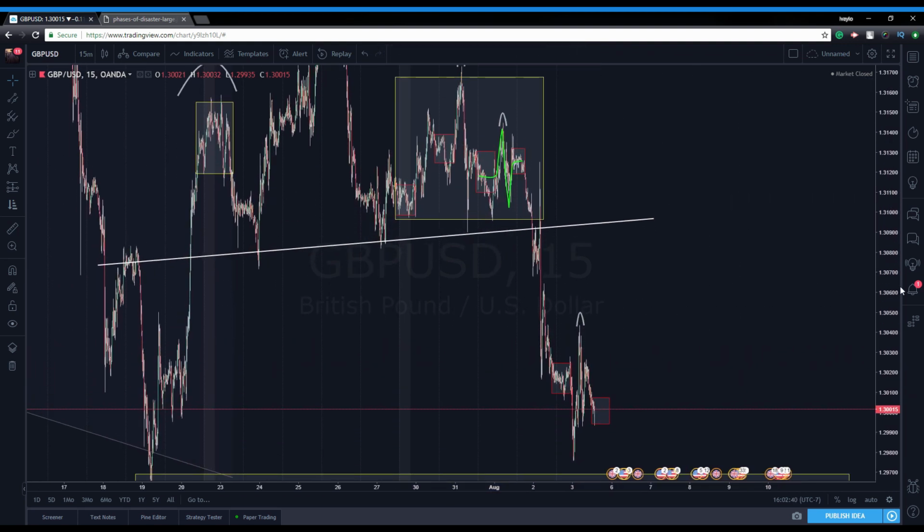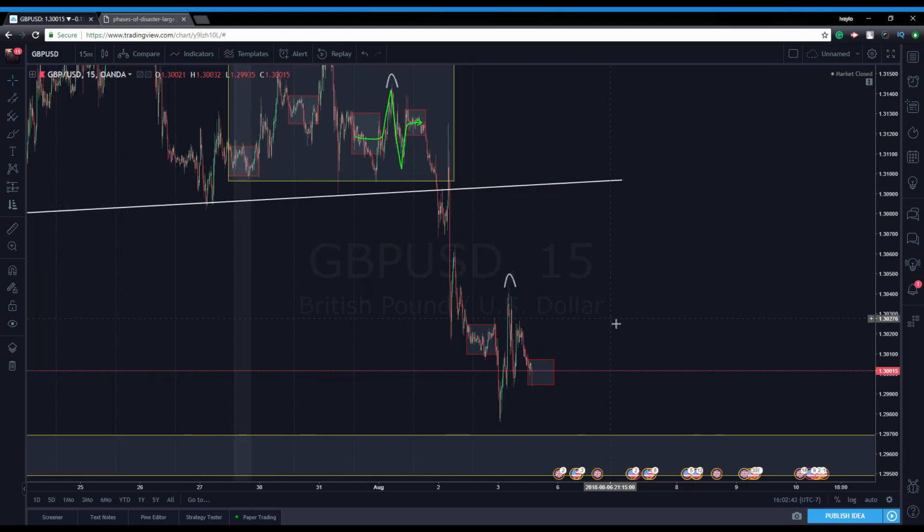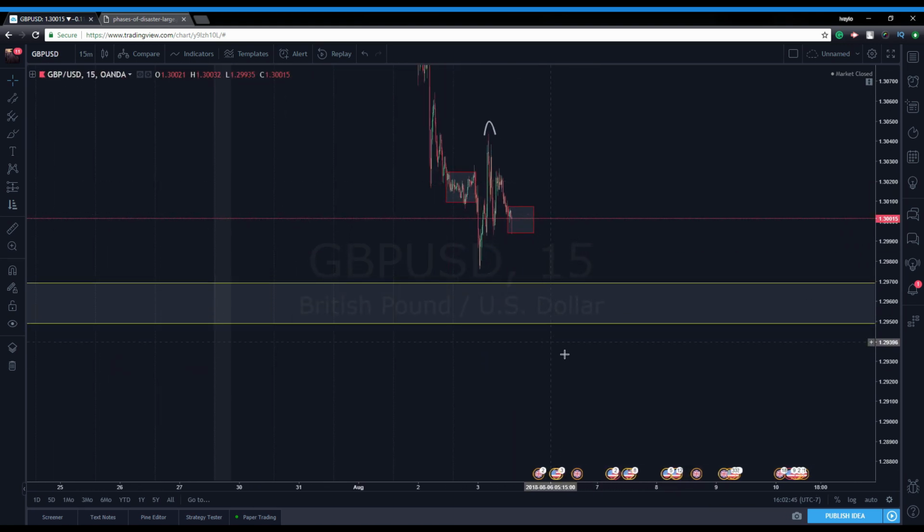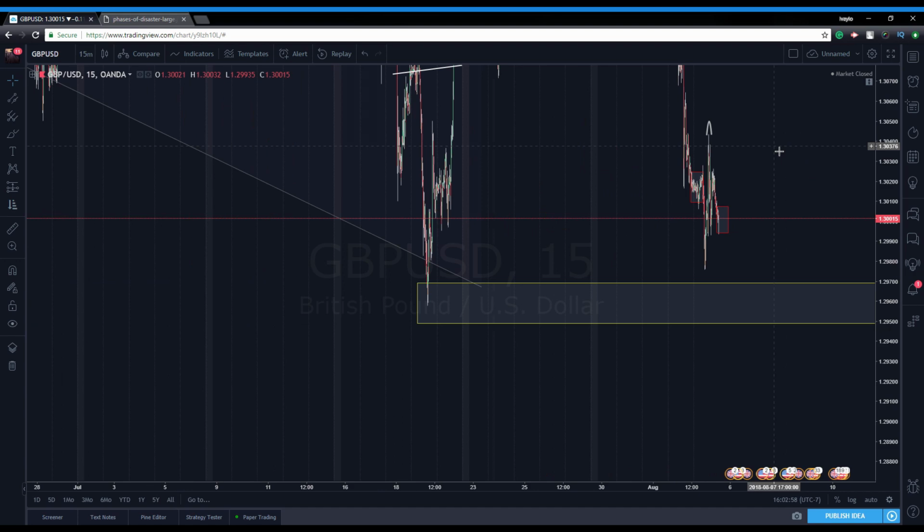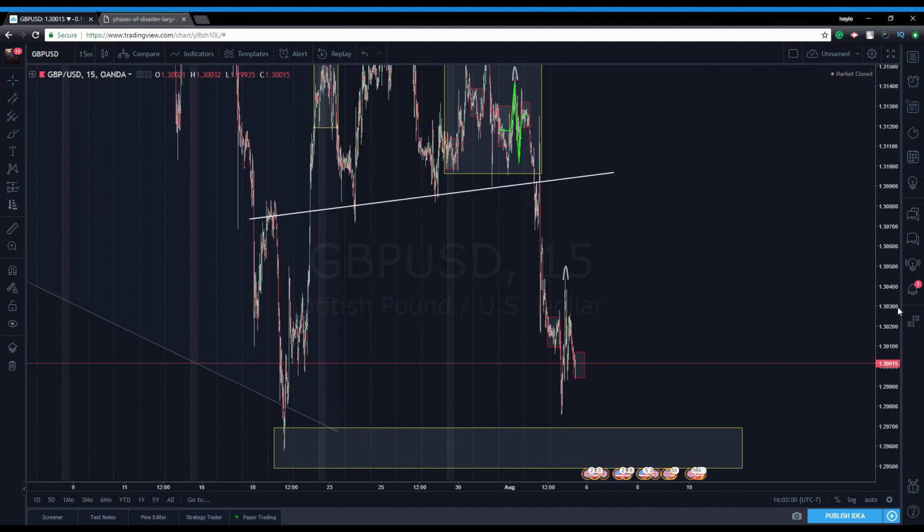Today's Saturday, so I'm gonna watch these levels right here between 129.45, 129.40 and 129.70 very close for another potential stop hunt to the low and then reversal to the upside.